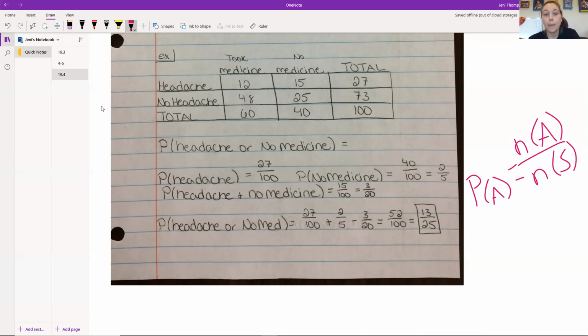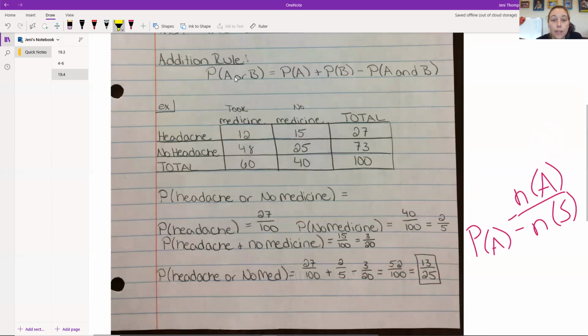So in this particular case, we want to find the probability of a headache or no medicine. When we follow this formula, the probability of A or B happening is what we want to find, right? A or B, headache or no medicine.